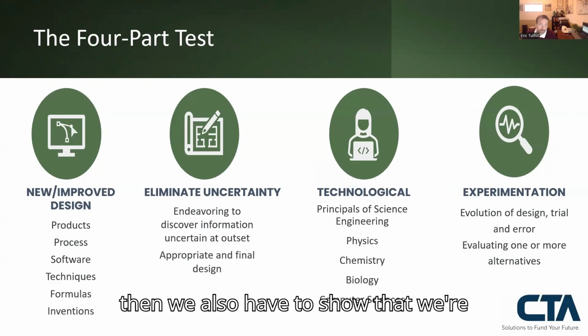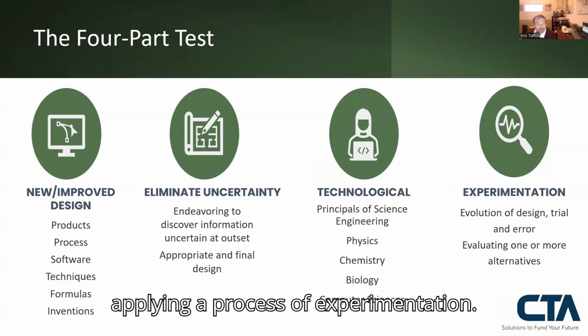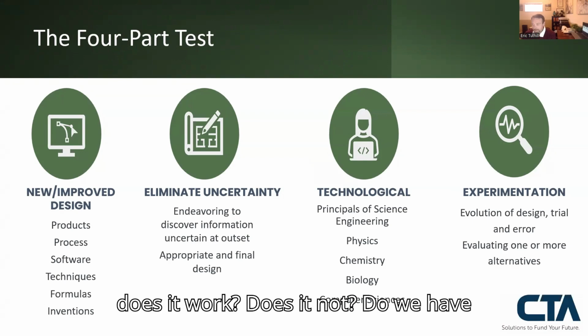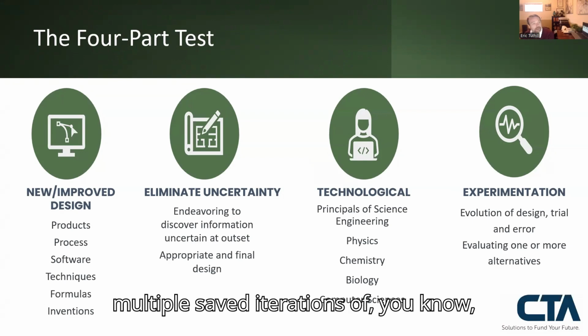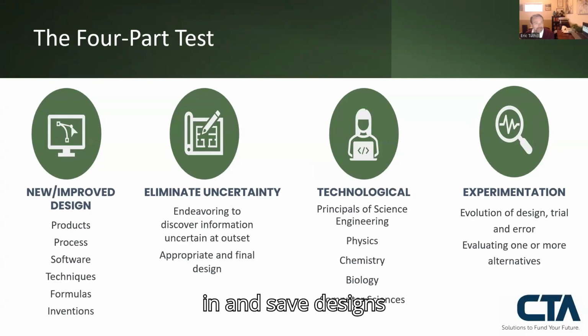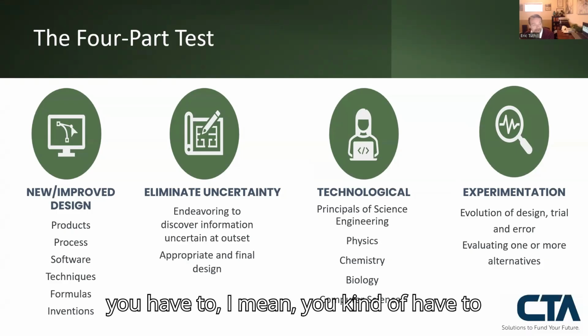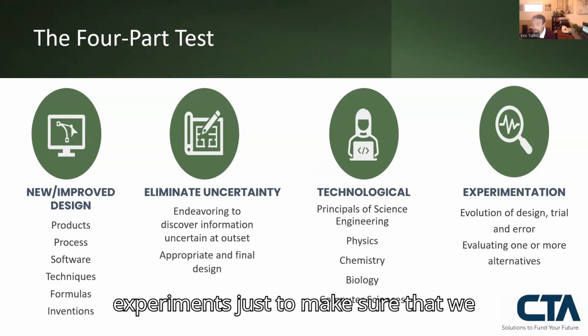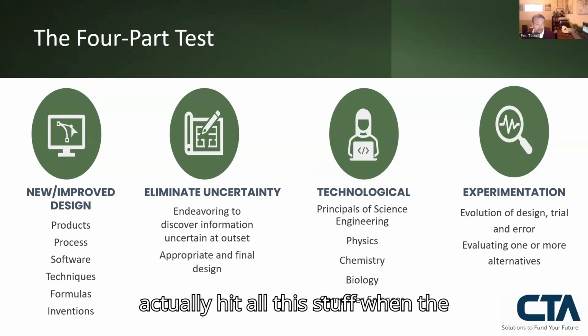And then we also have to show that we're applying a process of experimentation. We're trying it out and making sure: does it work? Does it not? Do we have multiple saved iterations, especially nowadays when you can go in and save designs? You kind of have to be able to show that we're structuring it through multiple experiments just to make sure that we actually hit all this when the project is done.